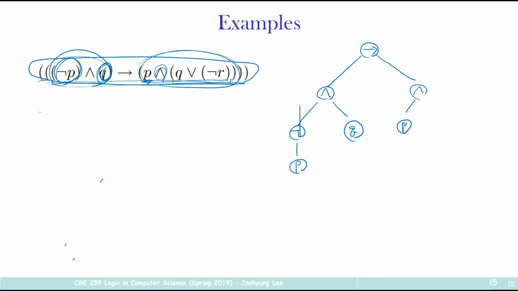On the right hand side we have Q or not R, so the node here is disjunction. The left is Q, and the right has negation and R. I didn't copy the parentheses because the tree structure already makes clear where the parentheses should be. You could write the parentheses in this tree representation, but that's probably too much, so I skip writing them here.